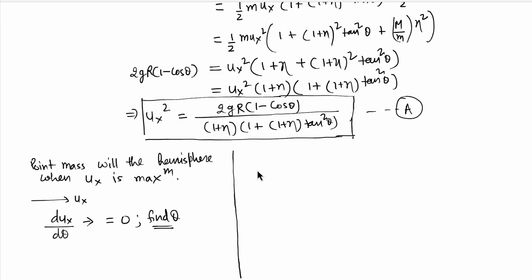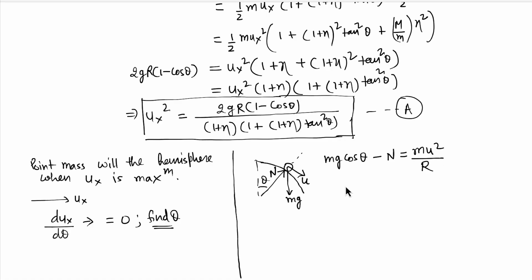But let's try to solve it using the usual manner where we assume that at this point in time when this is about to leave the hemisphere, there is a normal force N which is acting. Okay, and mg is down, and then it has a velocity u. Okay, at this point in time in this direction from the frame of hemisphere, we can write mg cos theta minus N equal to mu square by r.